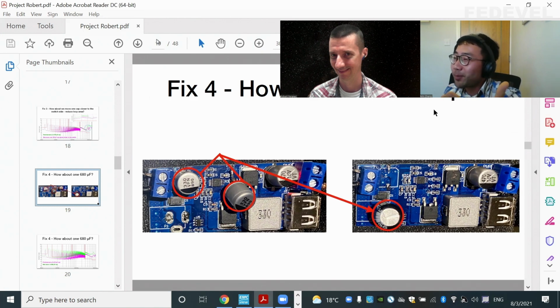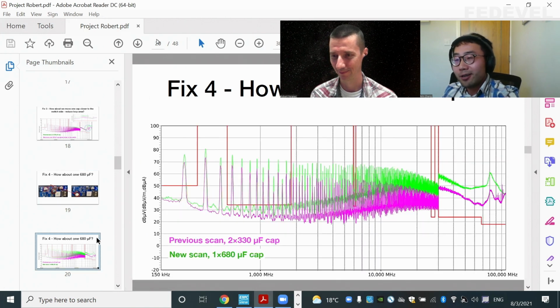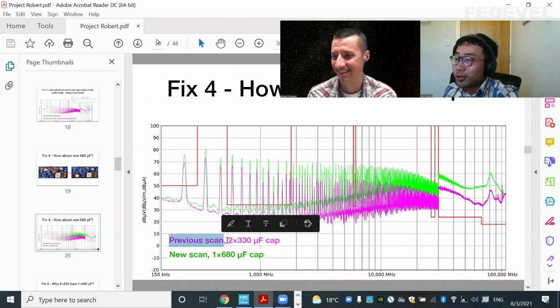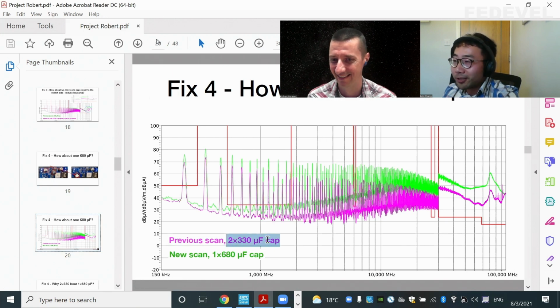Surely I would expect better performance, right? Let's see what happened. Again, this is the previous scan, which is two times 330 microfarad. But look at the 680 microfarad. The performance actually is getting worse. It's getting worse.